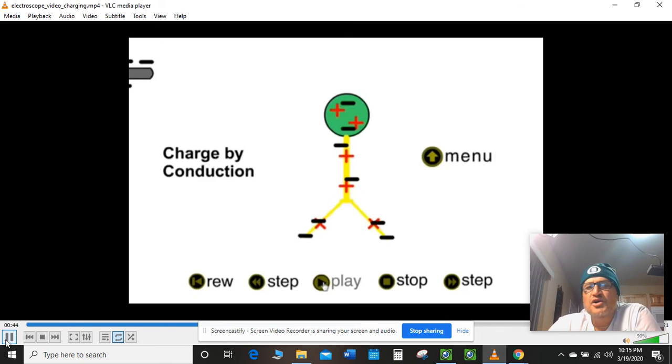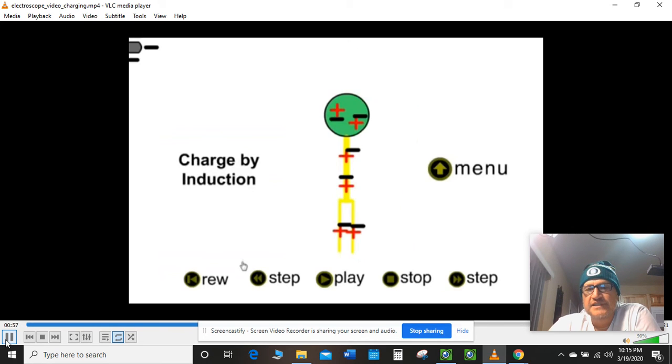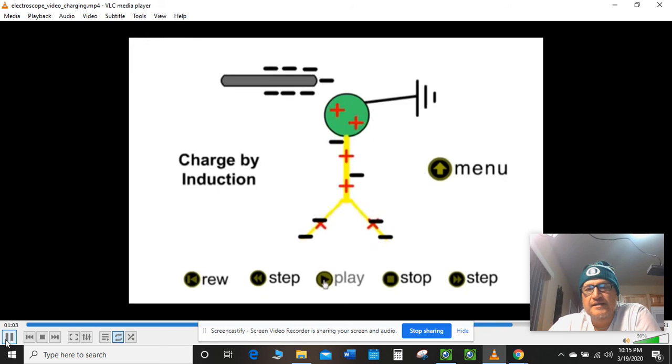Next is what we call charge by induction. Okay. So charge by induction, and this is what happens here. This negatively charged rod is brought in close proximity, forcing electrons down by electrostatic repulsion.